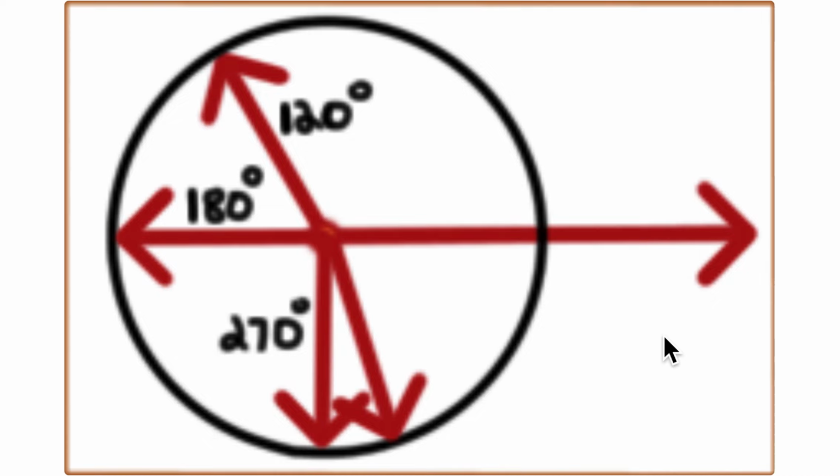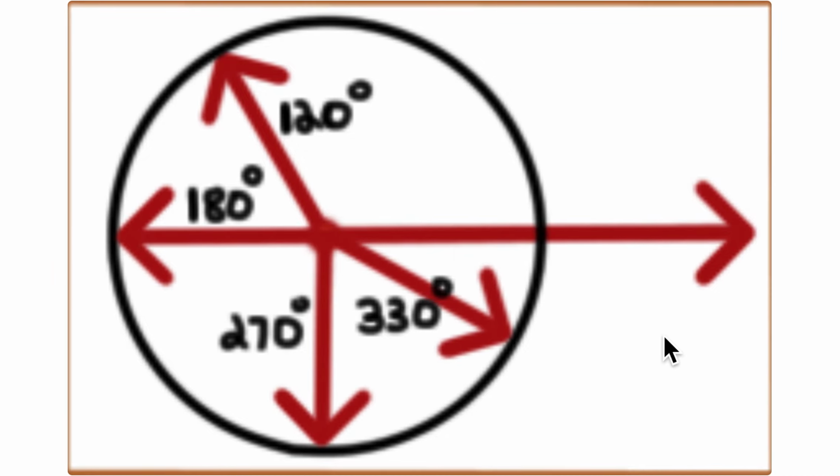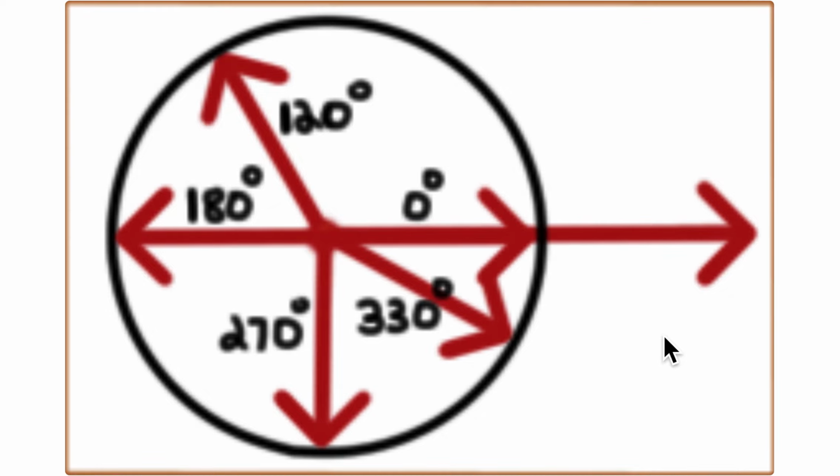Turns some more, it turns another 60 degrees, and it gets to 330 degrees. And then if you turned another 30 degrees to the full circle, that's back to 0 degrees, or you could call that full turn 360 degrees. All right, so that's the first activity of the first lesson of 8th grade.